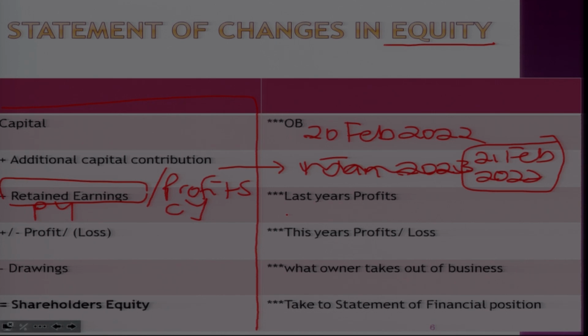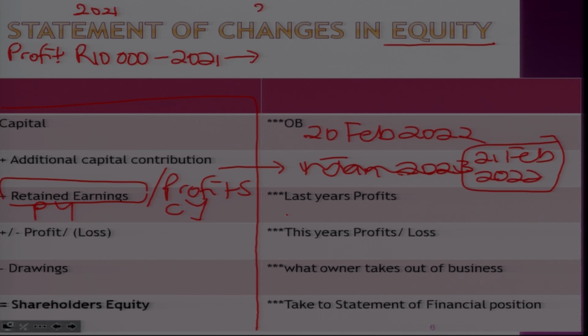So let's say, for example, they tell you, I'm just going to write here, you made a profit of 10,000 in 2021, right? Let's say we are in the 2021 year.